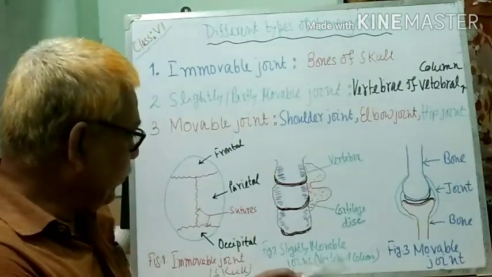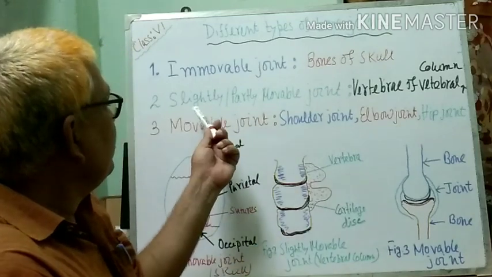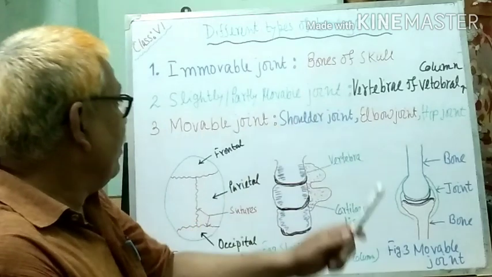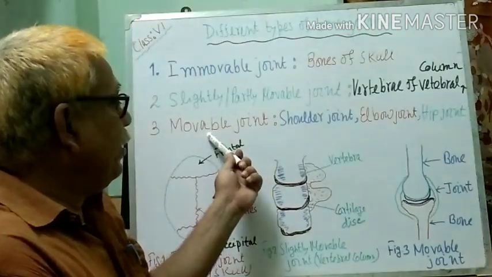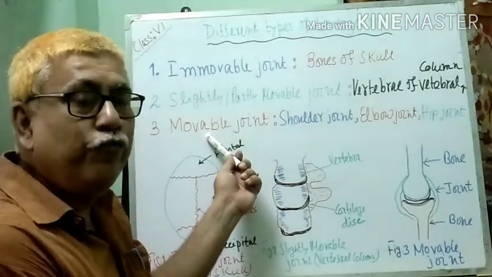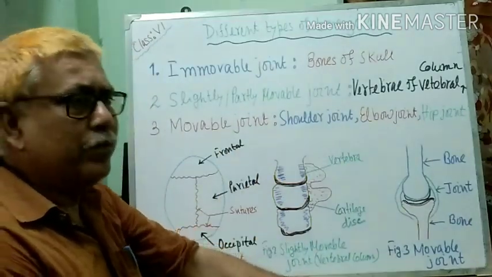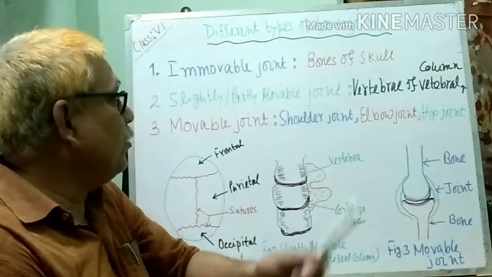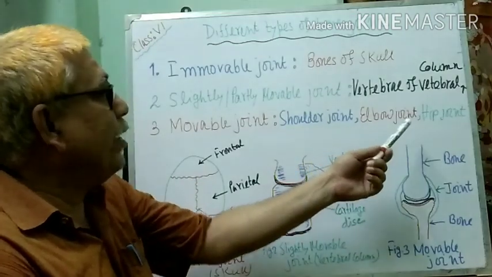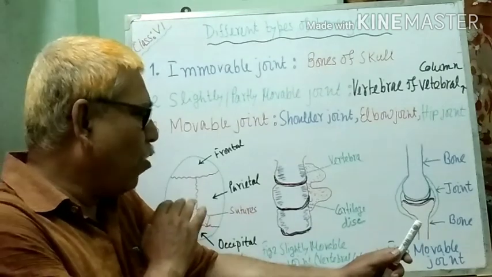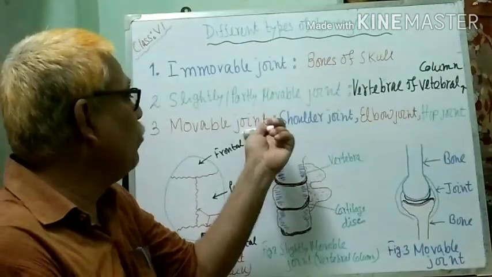So, this is an example of a slightly or partly movable joint. Then, movable joint or synovial joint. There are so many examples: hip joint, shoulder joint, elbow joint, knee joint. These are all examples of movable joints.